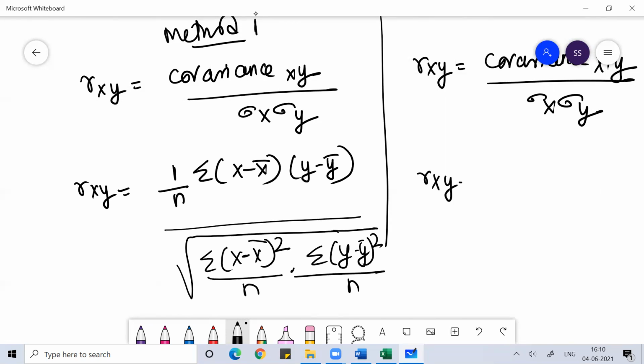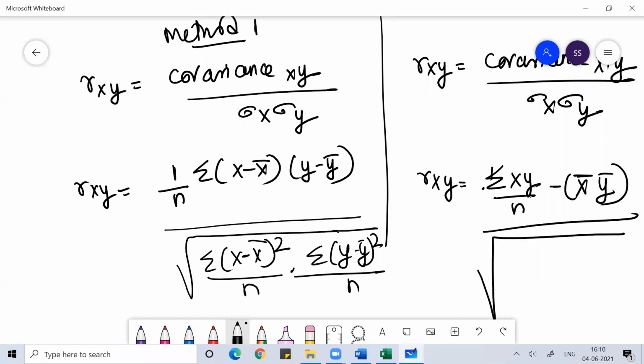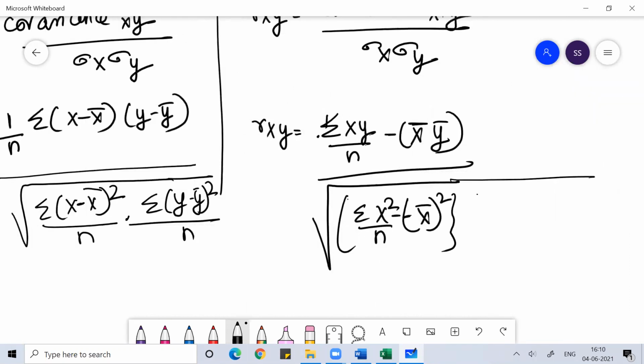You can write another formula: sum of xy by n minus x bar y bar divided by the standard deviation, sum of x square by n minus x bar square, or you can write, sum of y square by n minus y bar square.